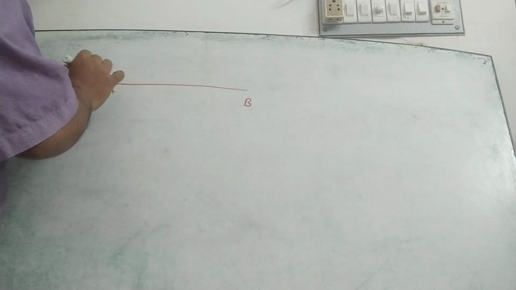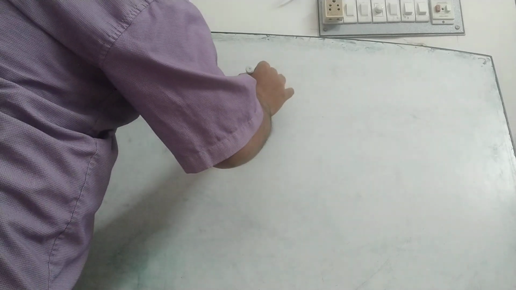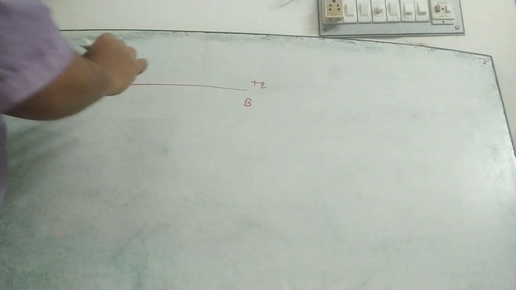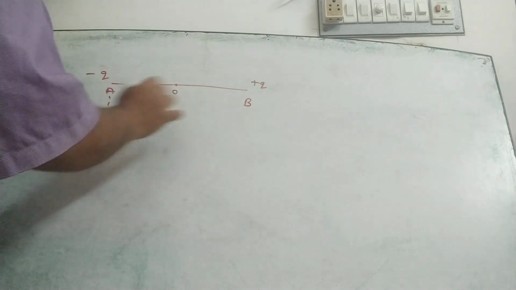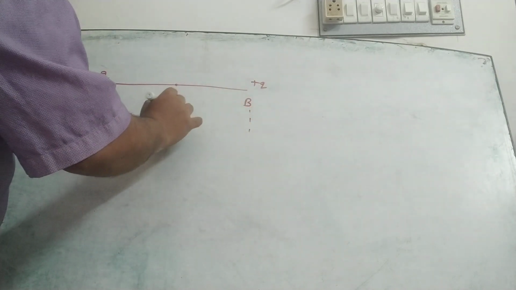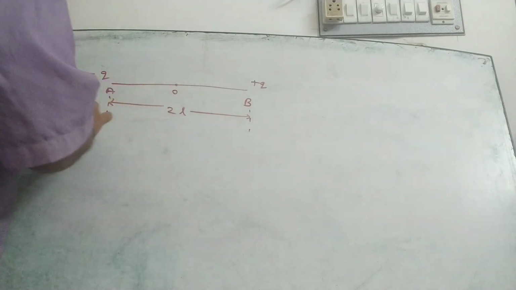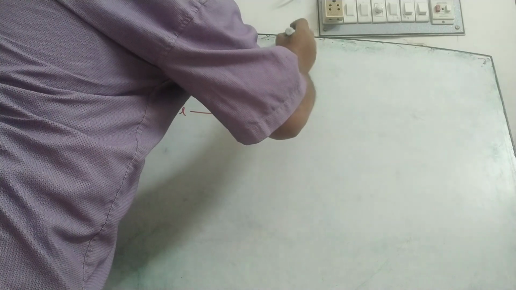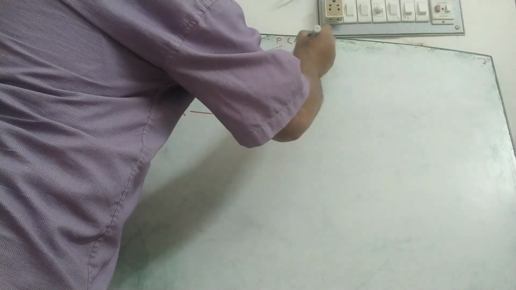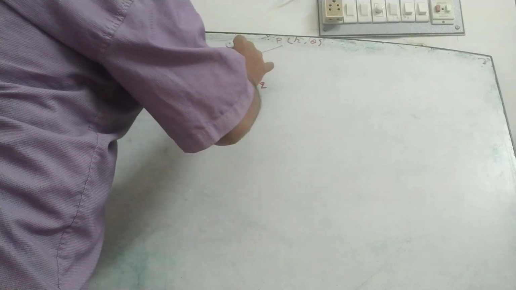At the point A, a minus Q point charge is placed, and at the point B, a plus Q point charge is placed. O is the midpoint of AB and the length of AB is 2L. The polar coordinate of the point P with respect to the point O is (r, theta).